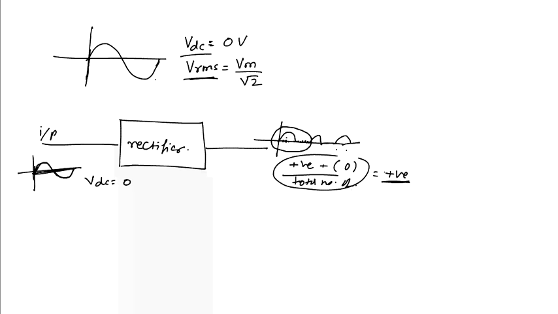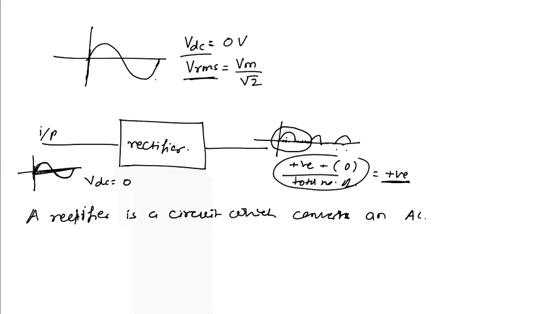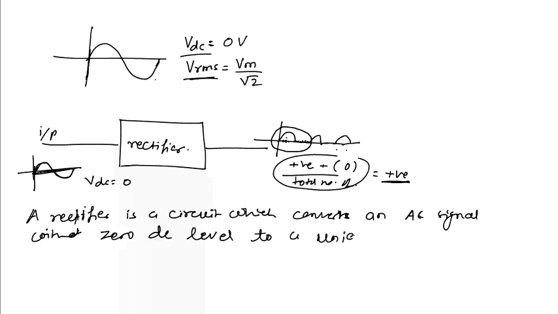So now we can define a rectifier as a circuit which converts an AC signal with 0 DC level to a unidirectional signal with non-zero DC level.